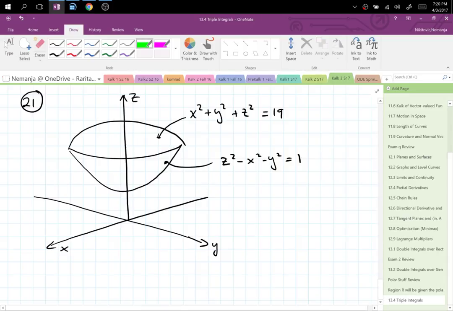So we're going to have a shadow, which is some kind of a circle. You've got to set this up and figure it out. Let's see what you get.